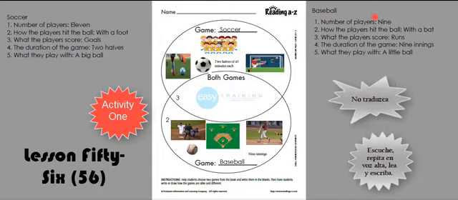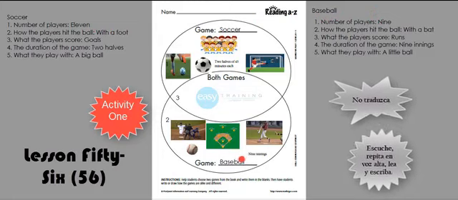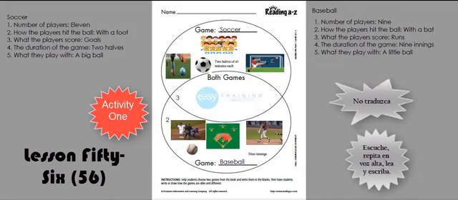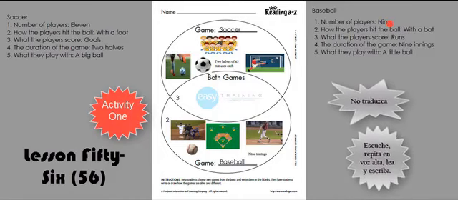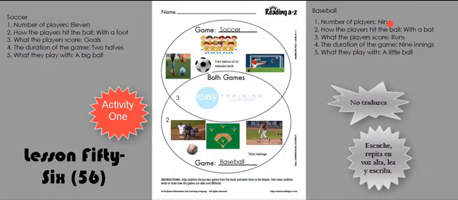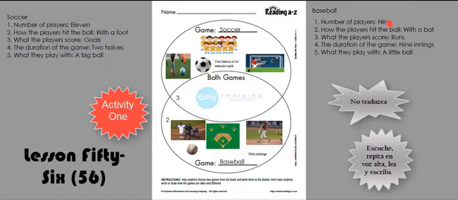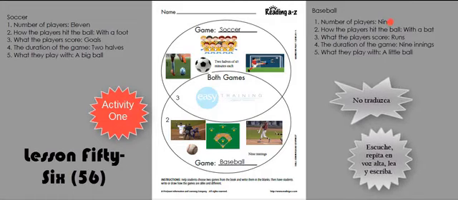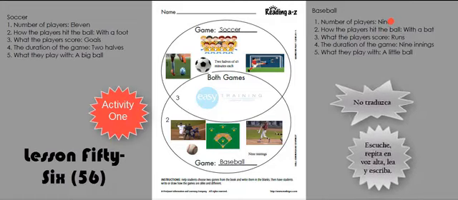Number of players on a baseball team. Here they are. 1, 2, 3, 4, 5, 6, 7, 8, 9. There are 9 players on a baseball team. So, this is quite different. 11 players on a soccer team versus 9 players on a baseball team.